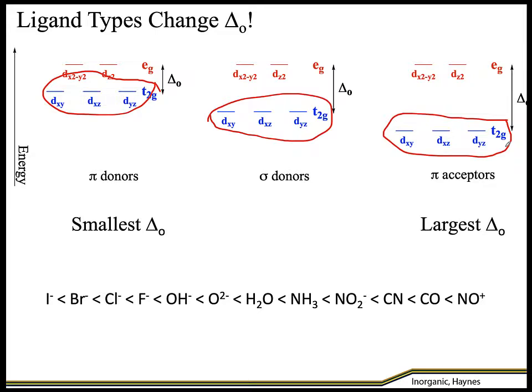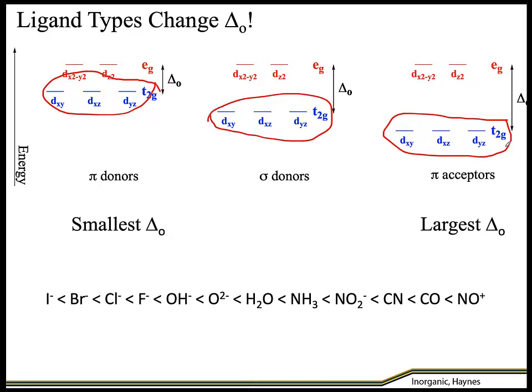spectrochemical series. And while that's not necessarily a bad idea, what's much more important to recognize is the ordering that occurs. If we have a pi donor, it will have a smaller delta octahedral. If we have something that is more along the lines of a pure sigma donor, again, that's pretty much going to be ammonia or hydride, that's going to be more in the middle of our value for delta octahedral.